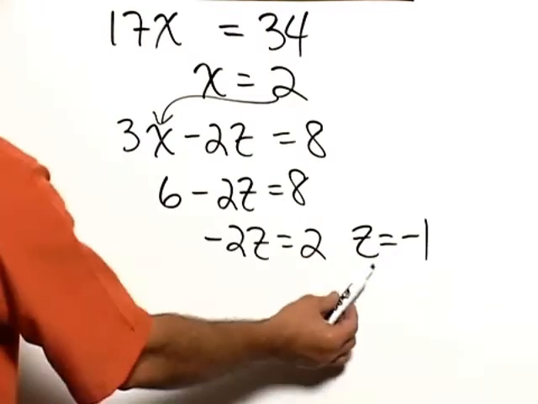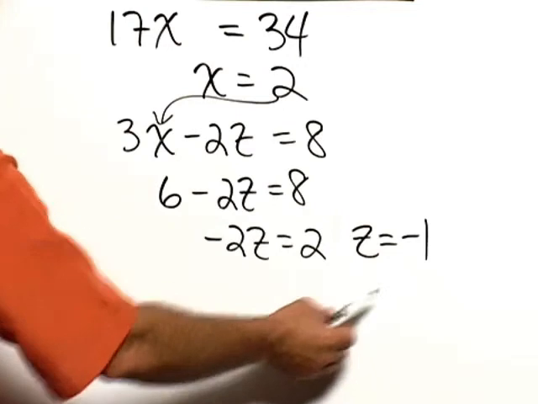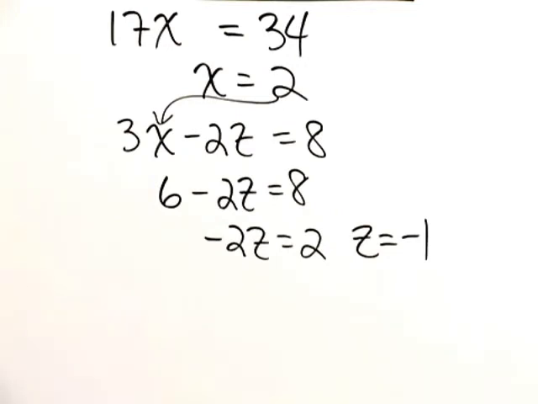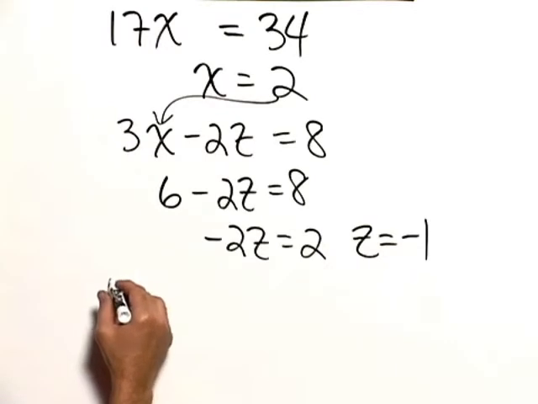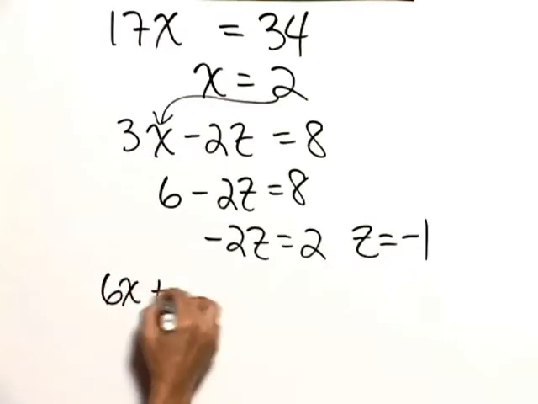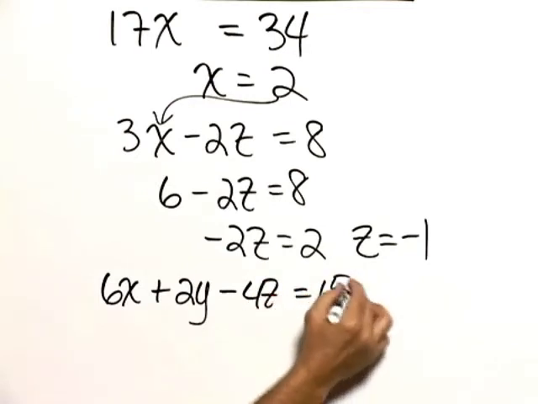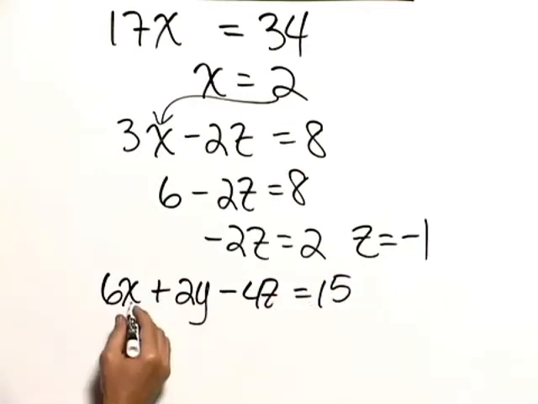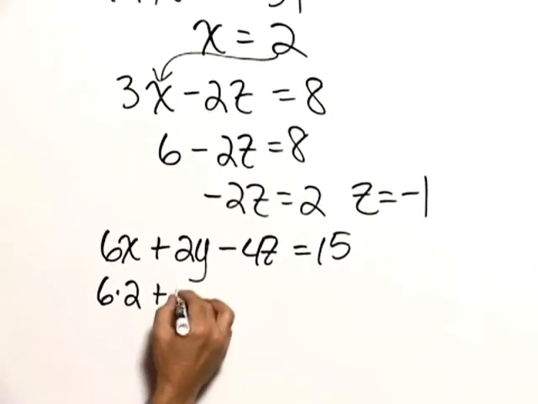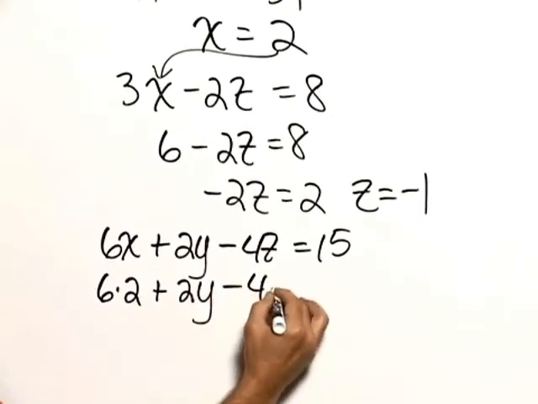Now we use the value z equals -1 along with the value x equals 2. We substitute that into one of the original equations. We have 6x plus 2y minus 4z equals 15. X is equal to 2. We don't know y.